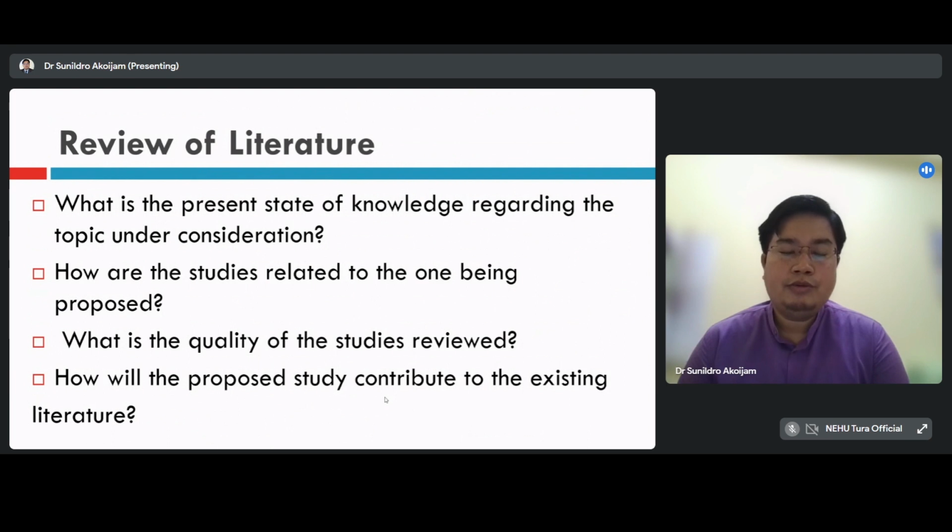Okay, you need to give ample, adequate time to yourself to collect, analyze and understand the whole thing related to a particular topic, and then accordingly you should be able to justify the literature gap, or let's say the research gap, and justify what value your proposed study will bring in. So all these things should be reflected in the review of literature.